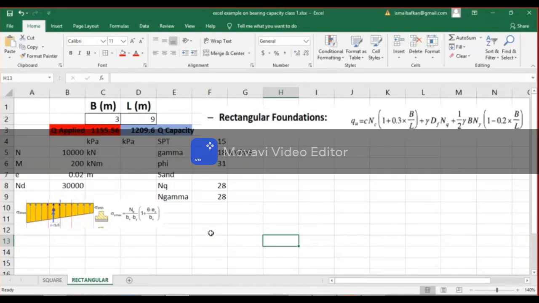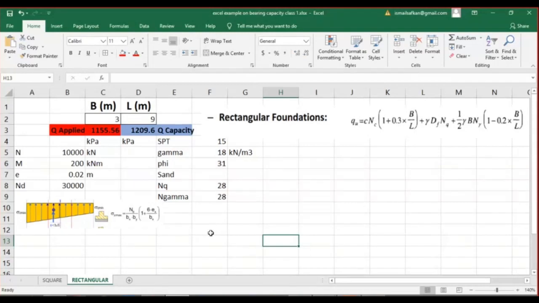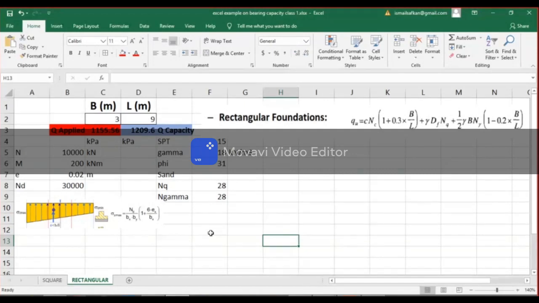This is for a single foundation, by the way. Later, we will study next week a continuous foundation or a raft foundation where the dimensions are given. So you will calculate some other parameters. So you start from 1, 1.